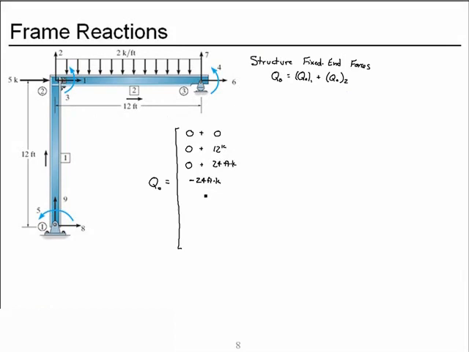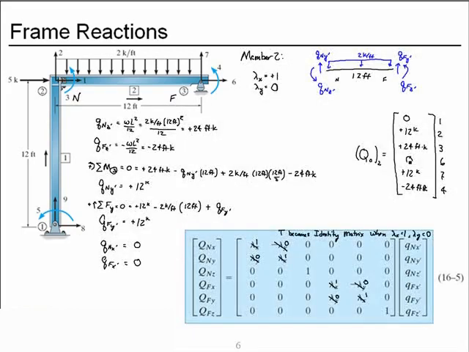Now degree of freedom 5, which is only attached to member 1, and we know that all of the capital Q's from member 1 are 0. Then degrees of freedom 6 and 7, which come from member 2, and we have 0 and 12 kips.